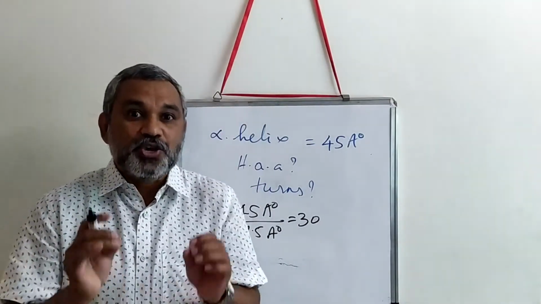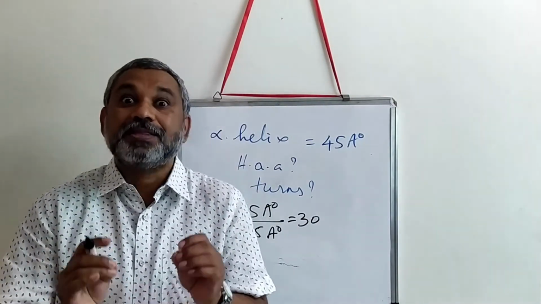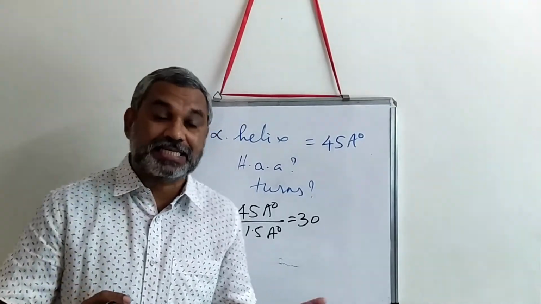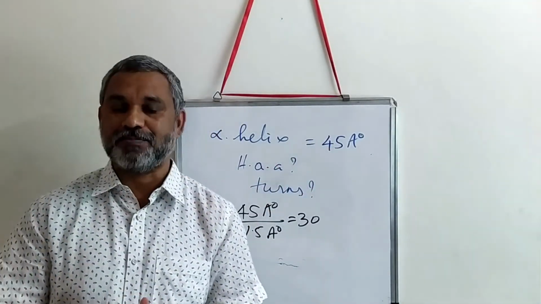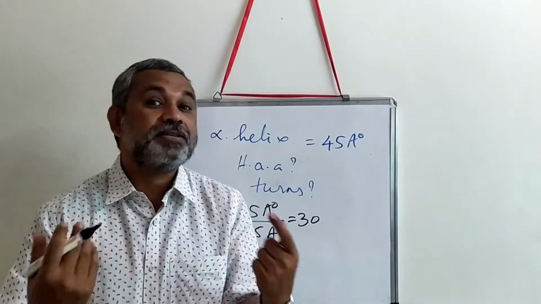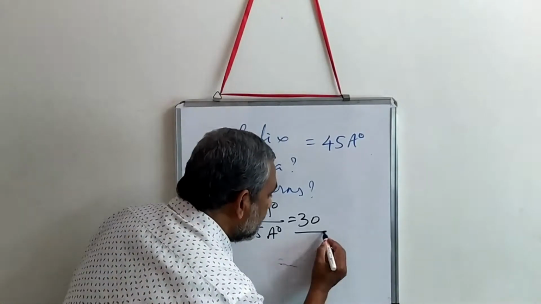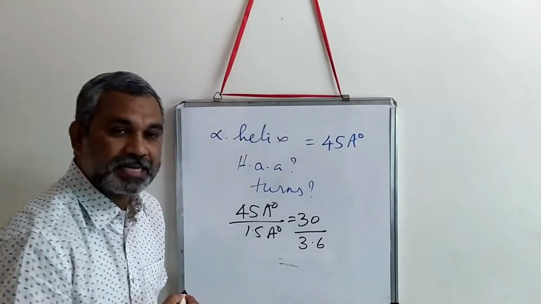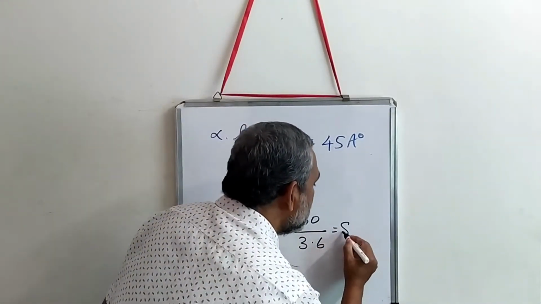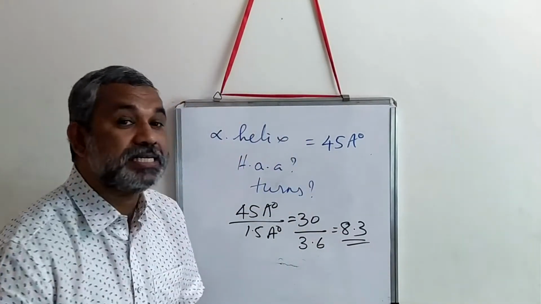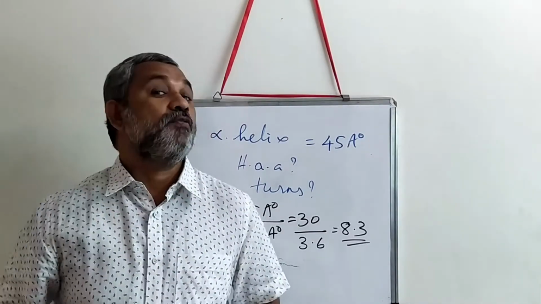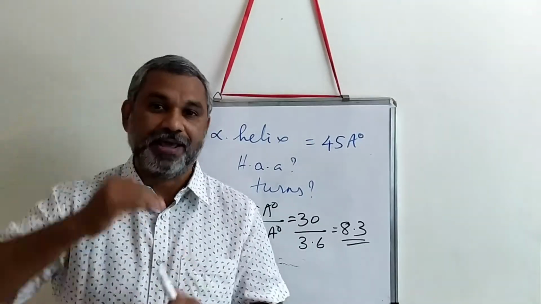So you are going to have 30 amino acids in this 45 Angstrom. So how many turns can you make with the 30 amino acids? 30 divided by 3.6, that is roughly about 8.3 turns can be made with the 45 Angstrom length.